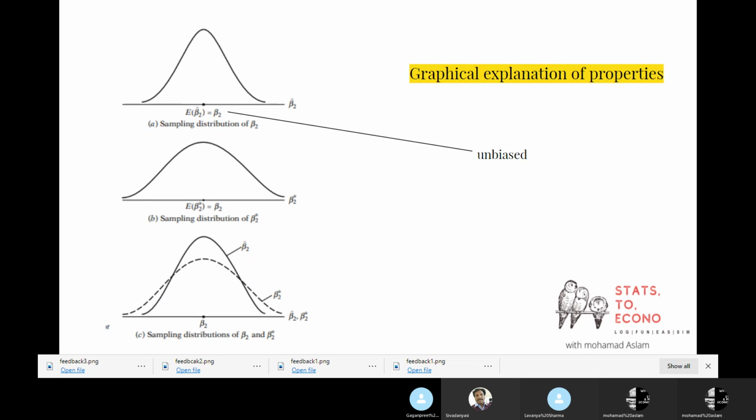Although we have to test it with hypothesis testing, at least theoretically we need a minimum variance. That's why in OLS this is a useful property. I hope you got this point about what minimum variance means in this graphical form.